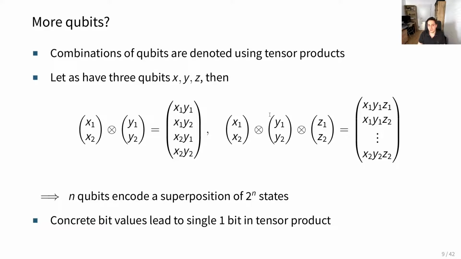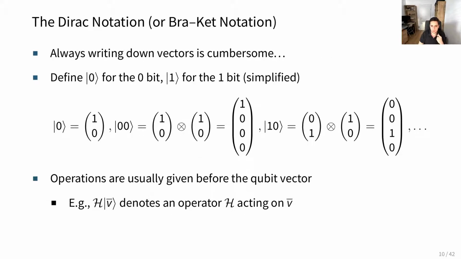Okay, so what we will also see is that if we use concrete bit values in these vectors here, we will end up with concrete bit values also here, which I think we will see now. But first about the notation. So we have been working around a lot with vectors here, and it's a bit cumbersome to always be writing down vectors.